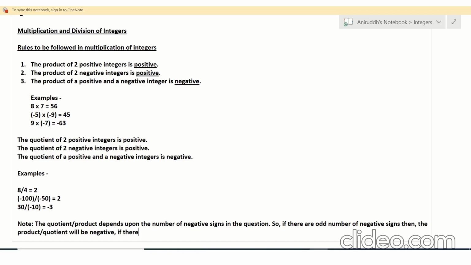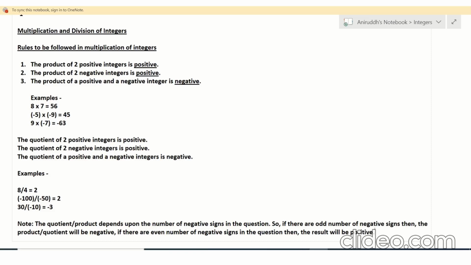If there are an even number of negative signs in the question, then the result will be positive.